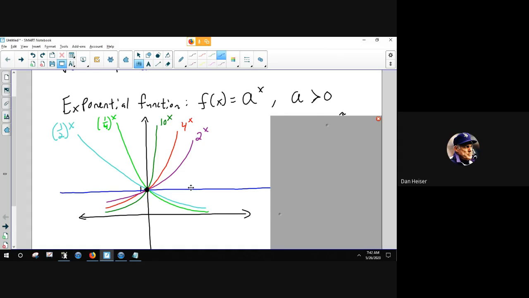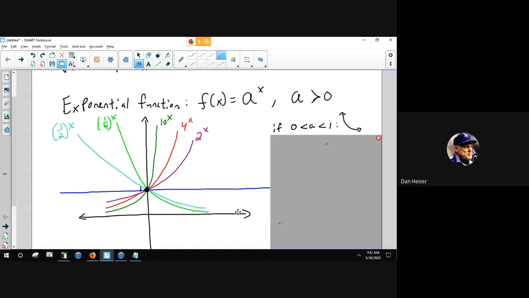And we get a sense of what the shapes of the graphs look like. If a is going to be anything between 0 and 1, like we have over here, we get a general shape like this, where the function is decreasing. As x gets bigger, the function itself gets closer and closer to 0. It shrinks. 1/2 to the 70th power, that's a very, very small number.